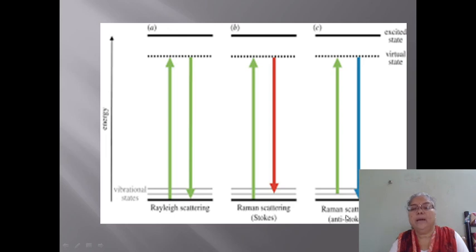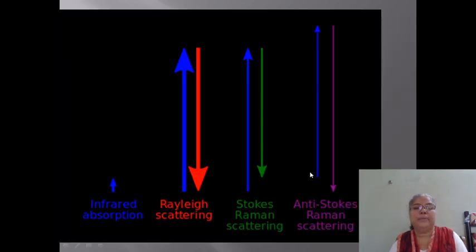Those lines are anti-Stokes lines. Here, this is the Rayleigh line or Rayleigh scattering. Incident radiation and scattered radiation both have the same frequency.